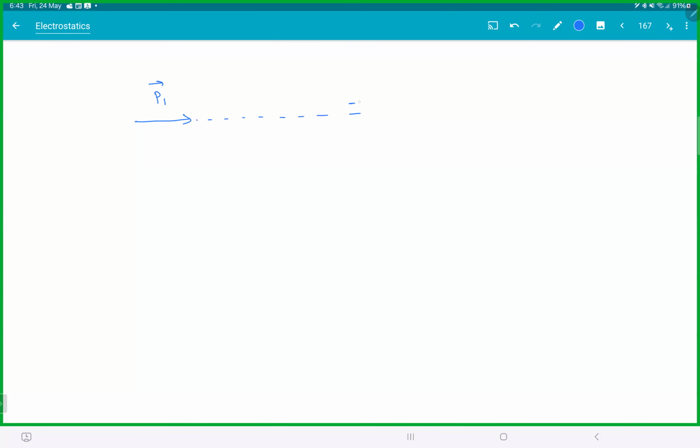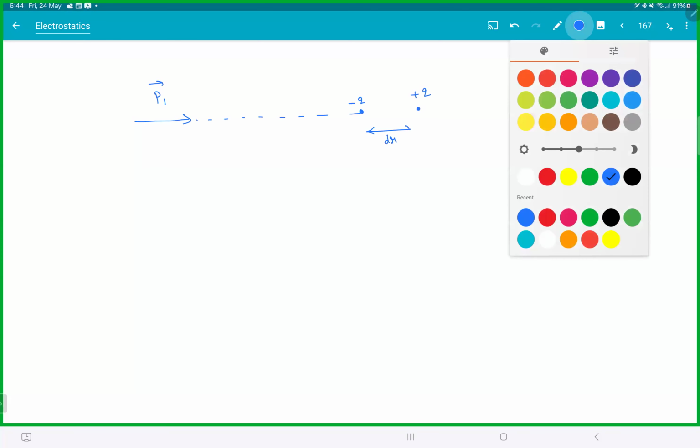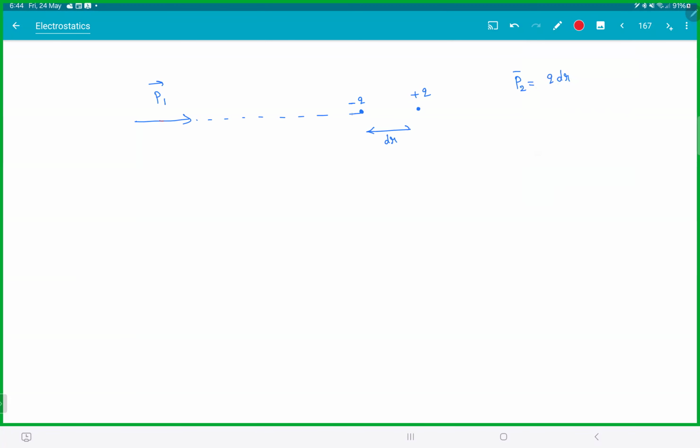The other dipole, let the charge be minus Q, and let the other charge be plus Q, and let the distance between them be dr. So basically P2 bar is nothing but Q into dr. Now, due to this dipole, at this point, let the field be E and let the field be E plus dE, because we always assume functions are increasing.